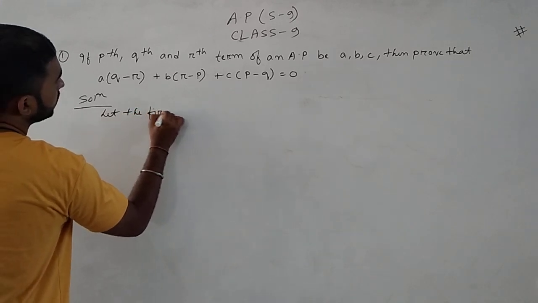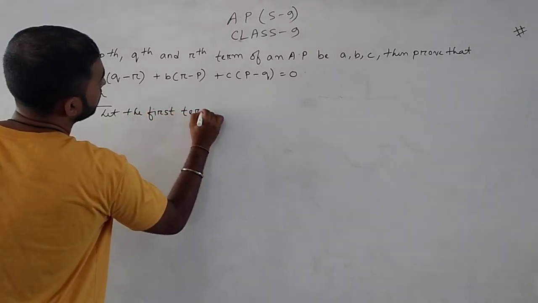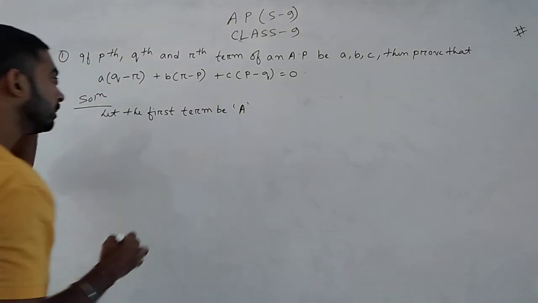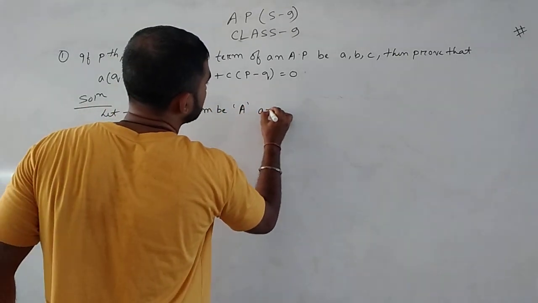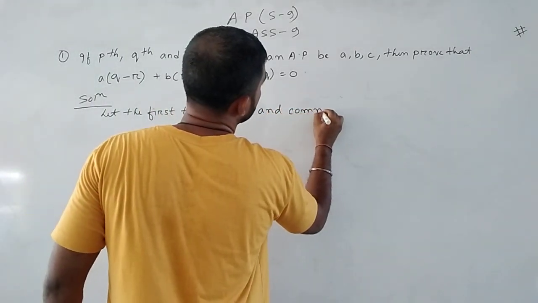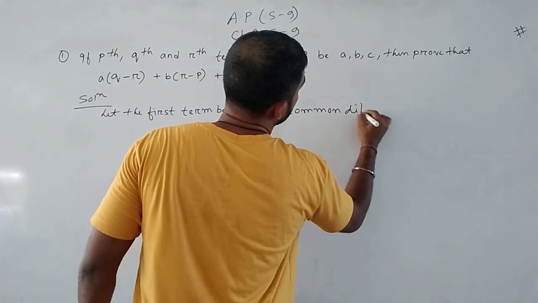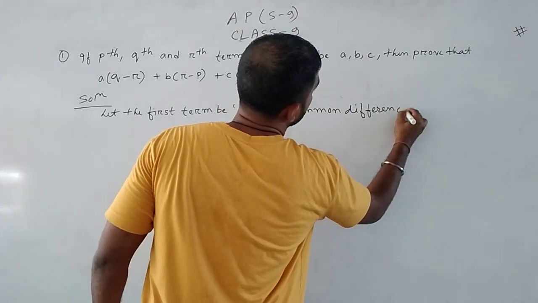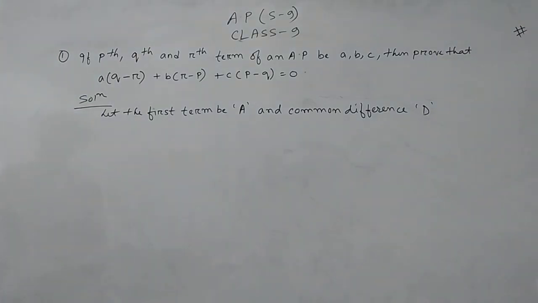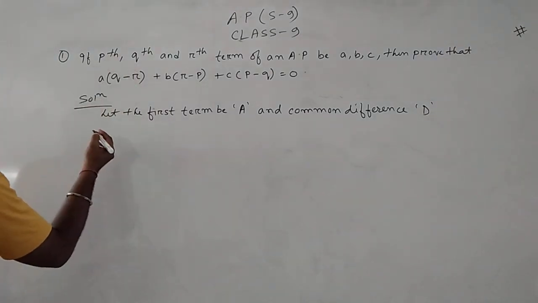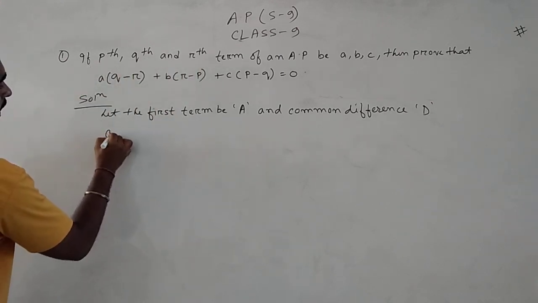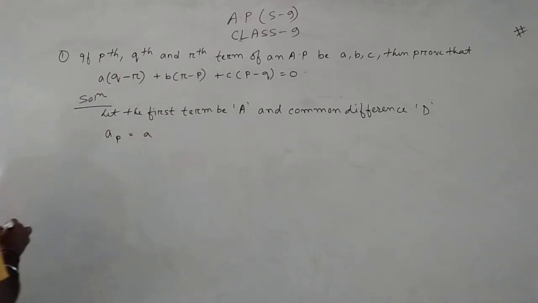the first term be capital A, and common difference, suppose small d we can consider or capital D. Now the pth term equal to a means A_p equal a.